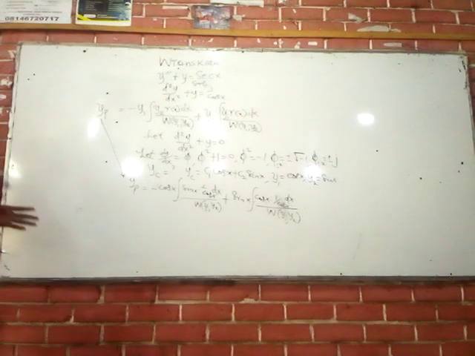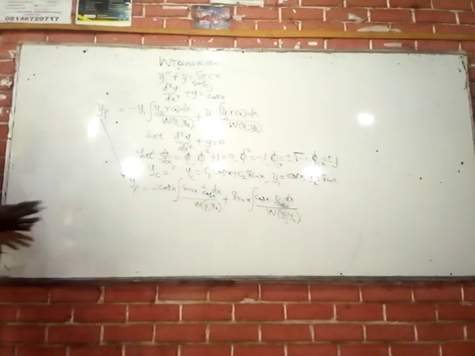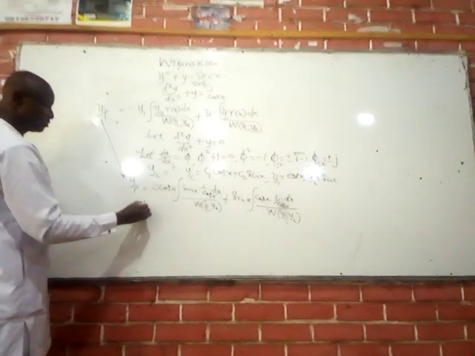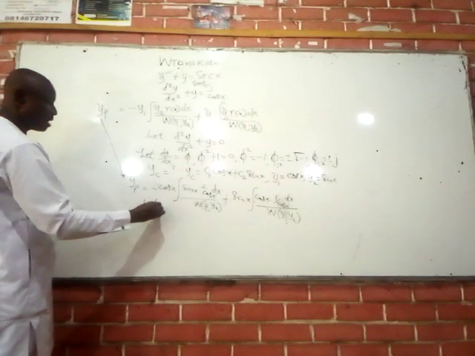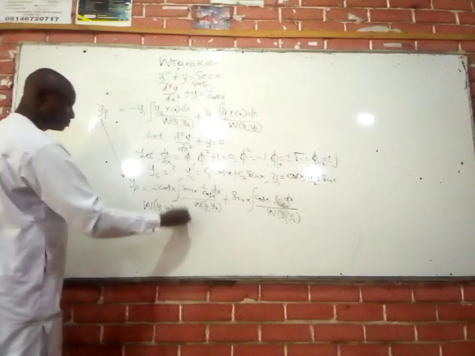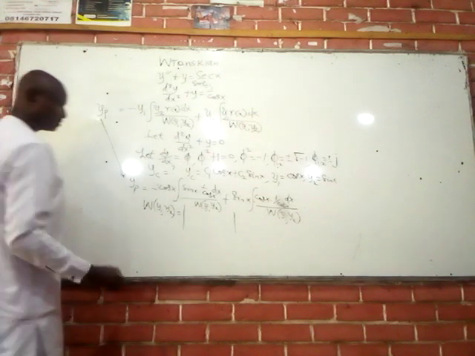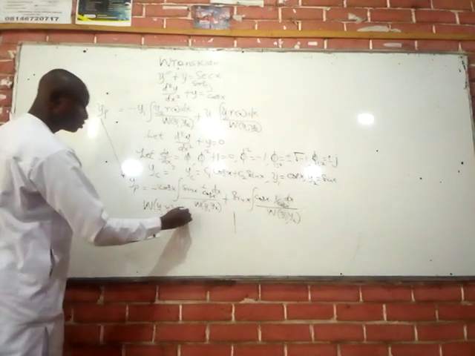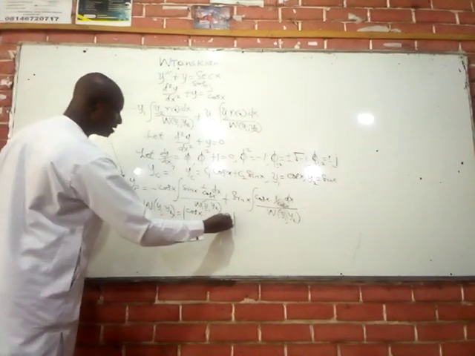We are to perform the WRONSKIAN test. W of y1, y2 is equal to the determinant of cos x, sine x.